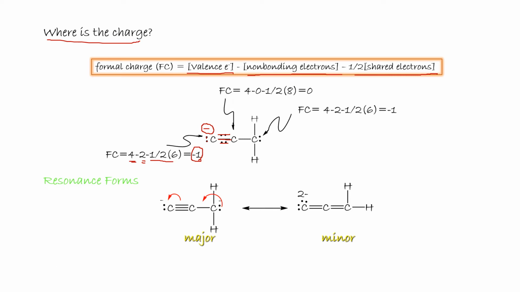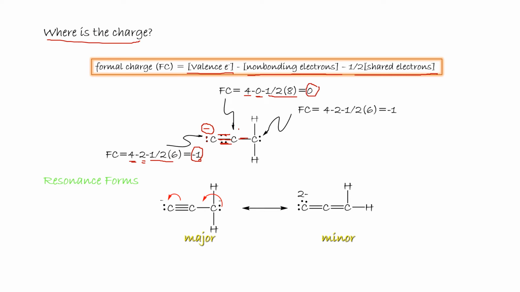Come to this one. This carbon, 4 valence electrons minus, it does not have a lone pair, 0. How many bonds? 1, 2, 3, 4, each with 2 electrons, so it has 8. 4 minus 4.